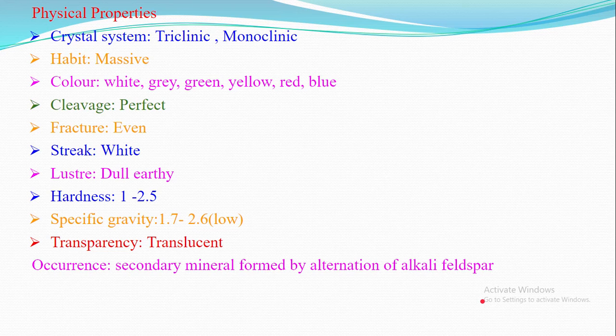Suppose you have alkali feldspar, orthoclase, no? Alkali feldspar, potassium aluminum silicate. If it is altered because of weathering, the weathered product will form a clay mineral. So the properties of this clay depend on the parent rocks.